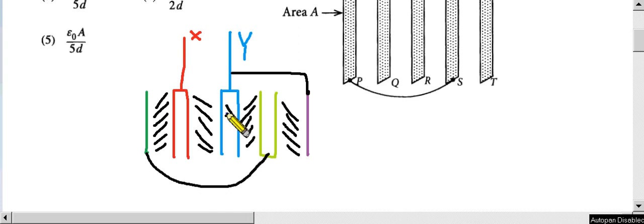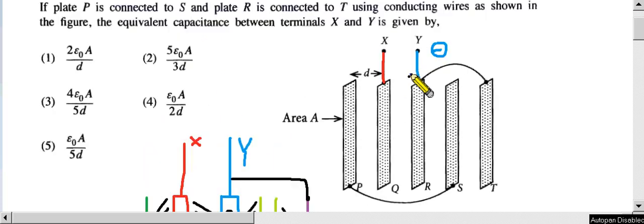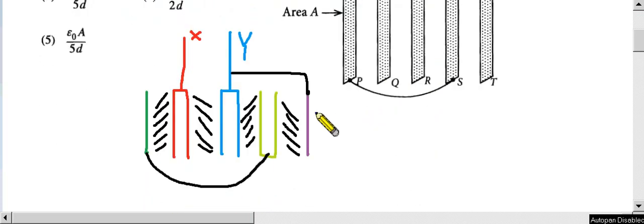This one also you can't regard as a condenser, because this area is the inside of this R plate. In a metal plate, charges are not accumulated, therefore it is not a condenser. This one also you can't consider as a condenser. Only these areas you can consider as condensers.